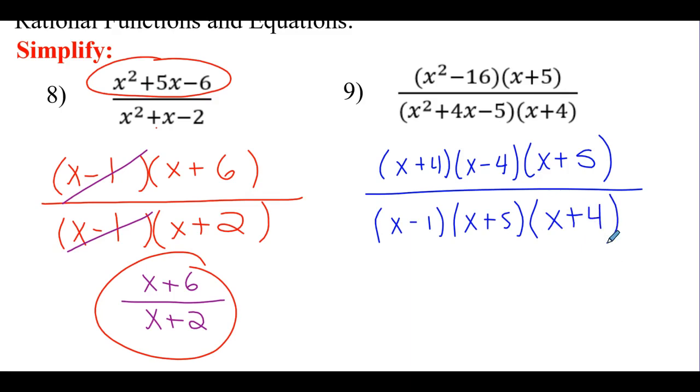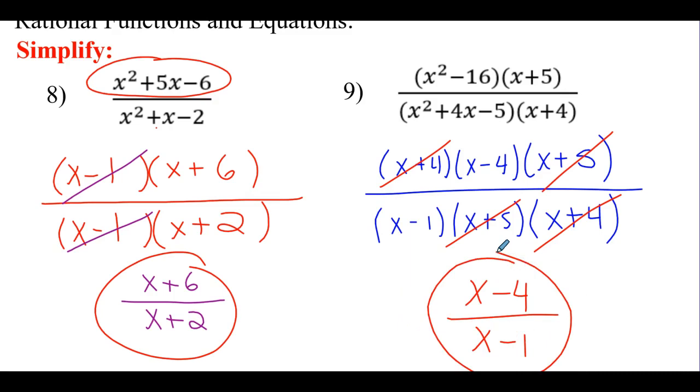And now comes the fun part. What do we cancel? The 4's cancel. The 5's cancel. So your answer is x minus 4 over x minus 1. Any questions on simplifying rational functions? Factor and cancel. That's all there is to it. Factor, cancel. Factor, cancel. Pretty easy.